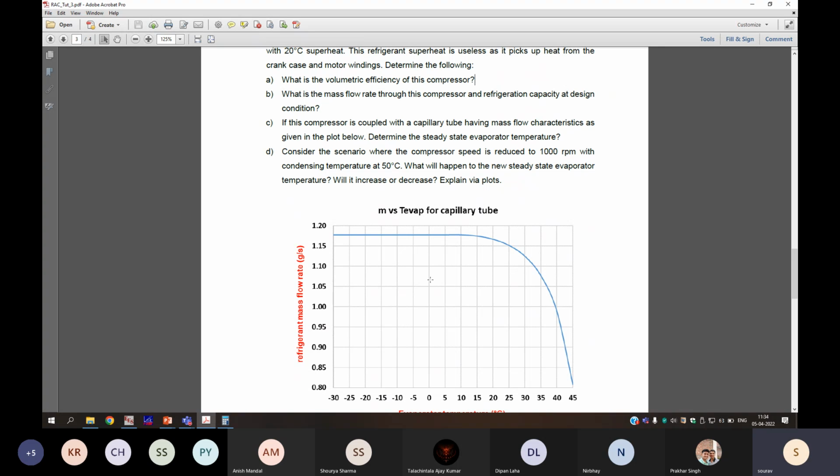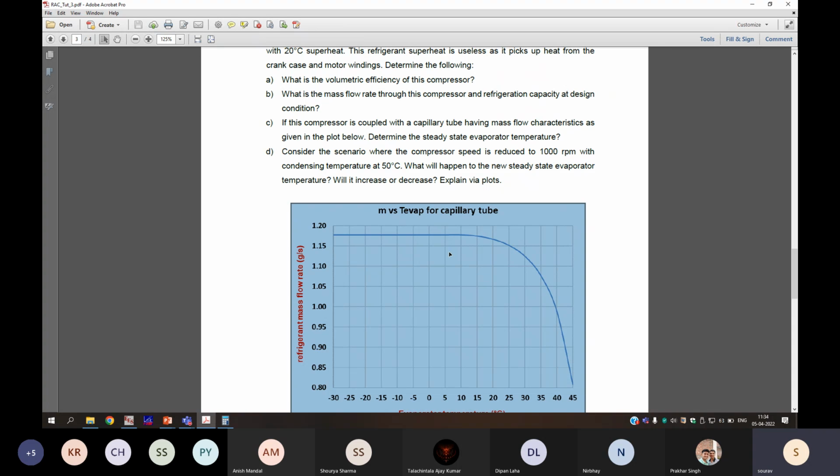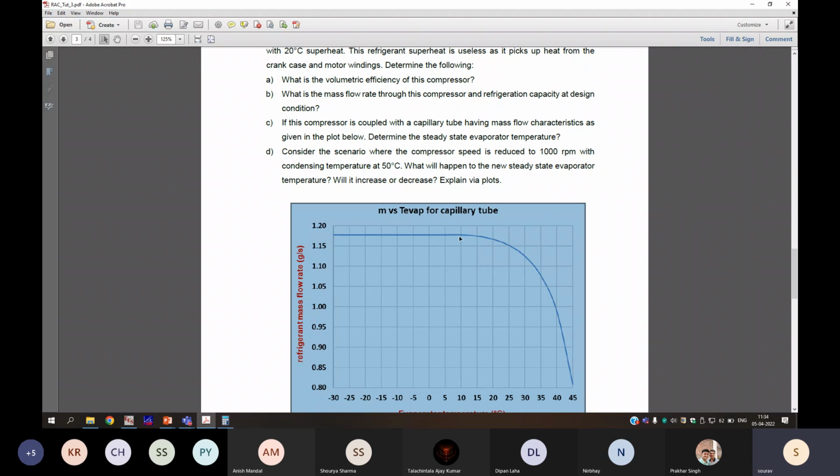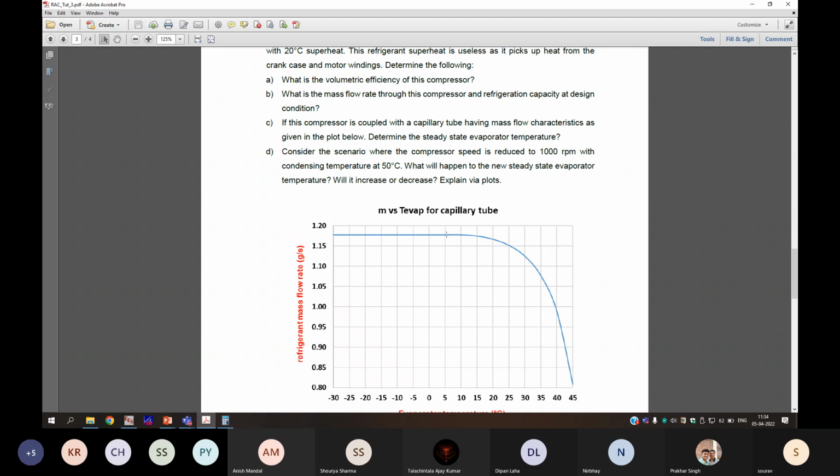So let's assume that you get an intersection at, let's say, 5 degrees C in the question number C. Let's say this is your intersection point where your mass flow rate through the capillary tube, which is choked in this case. That's why you do not see any change in mass flow rate. Effectively, this capillary tube gets choked at 10 degrees C. Anyway, so let's say this is where you get the balance between the compressor and the capillary tube.